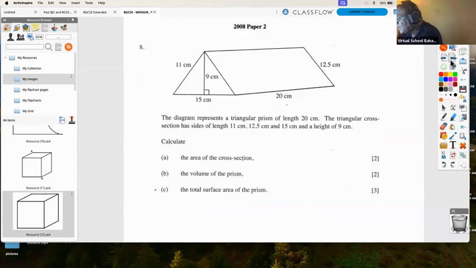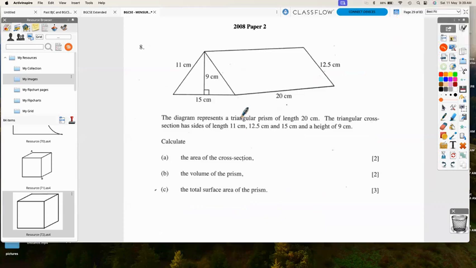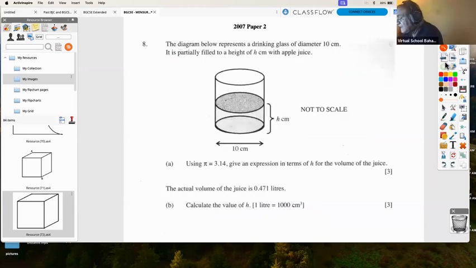We did that one before. Did we do this one? This is a similar one to what we just did. So work on the volume and the value of h there. Same thing that we just did.